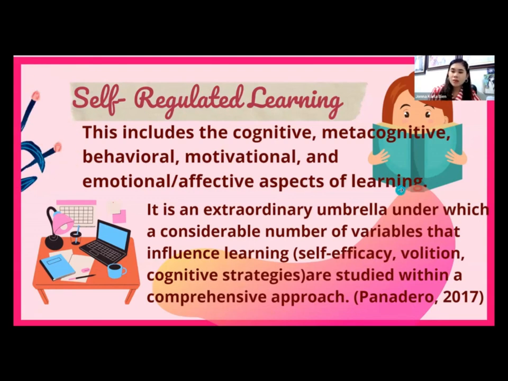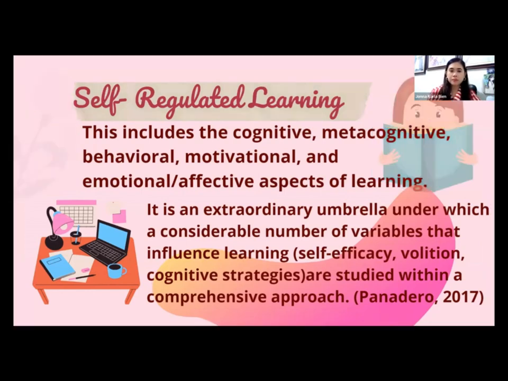The self-efficacy, or what could be the initiative of the students, and then are they being compelled to do certain things, as well as what approaches you use in their learning process or in their learning strategies.